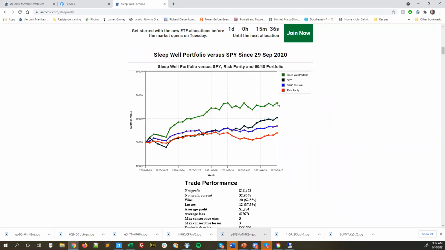And one thing that was interesting, which I don't have ready to show right now, is that a lot of people want to mean revert the sleep well portfolio, or mean revert assets in general. Some assets just don't like to be mean reverted because they trend too long, and the sleep well portfolio is one of those.